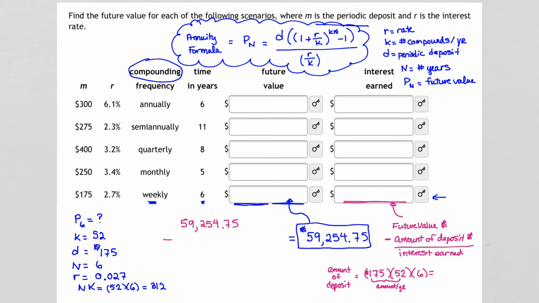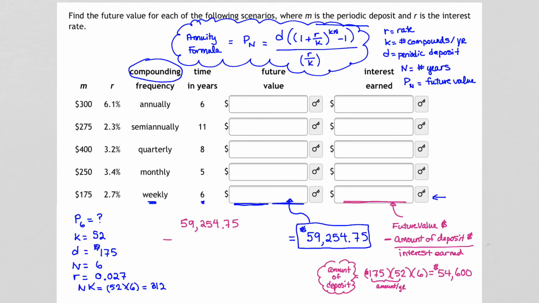When I multiply 175 times 52 times 6, I get that I invested $54,600. That's the amount of deposit.